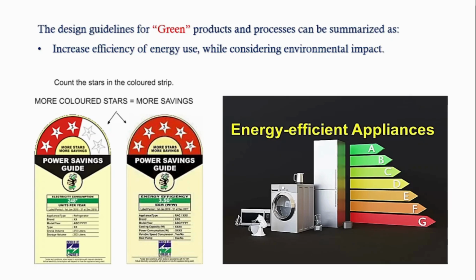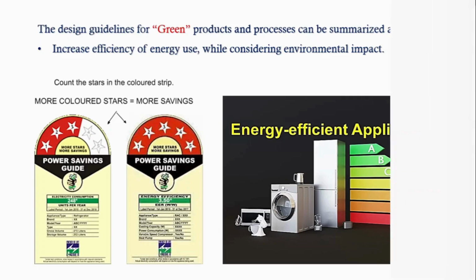On the left hand side you can see there are two pictures, one of 3 star and another of 5 star. So more color stars equals more saving, right? If you increase the energy efficiency, ultimately there will be lesser impact on the environment. So that is the first guideline.